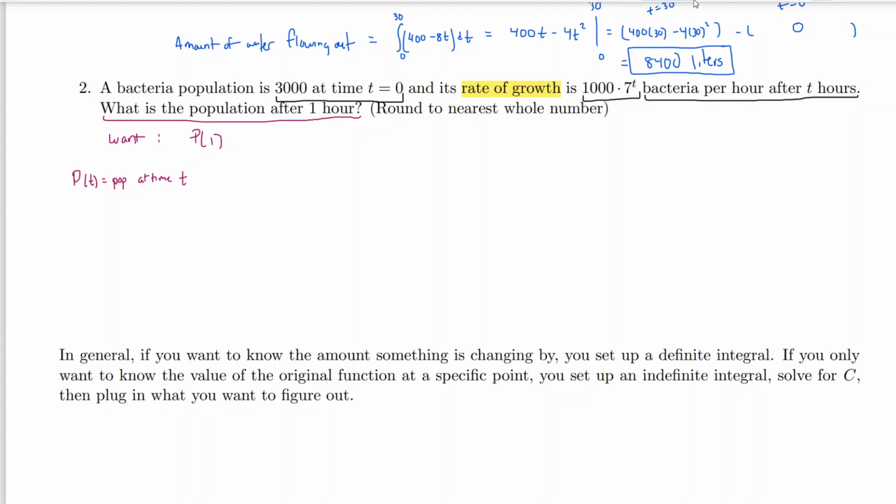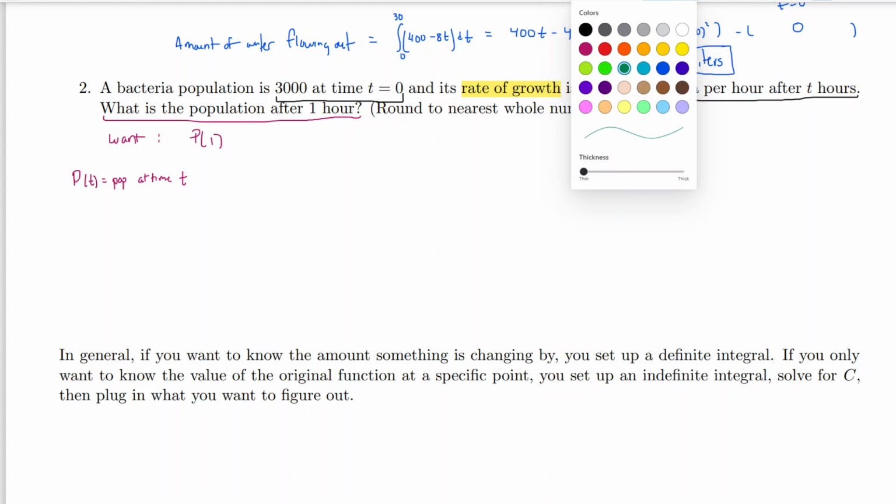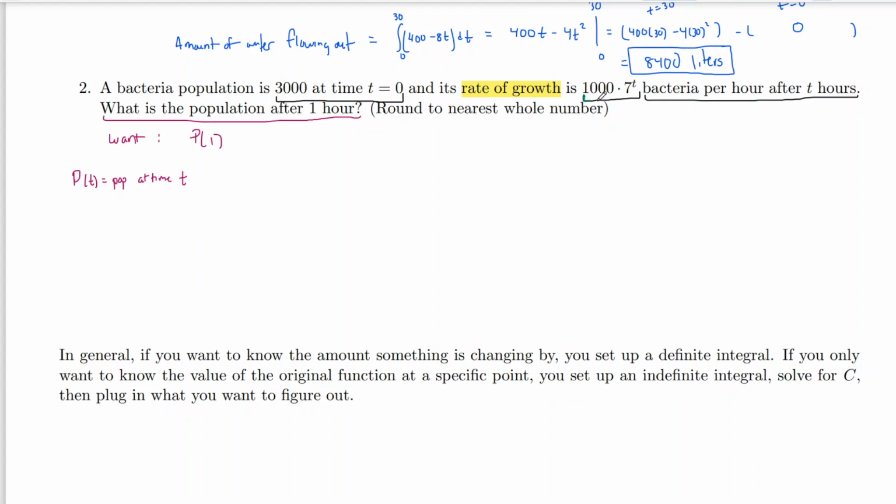All right, well, since we have the derivative, which is 1,000 times 7 to the t power, and we want to get back the original function, P of t would be the indefinite integral of the derivative, 1,000 times 7 to the t dt.